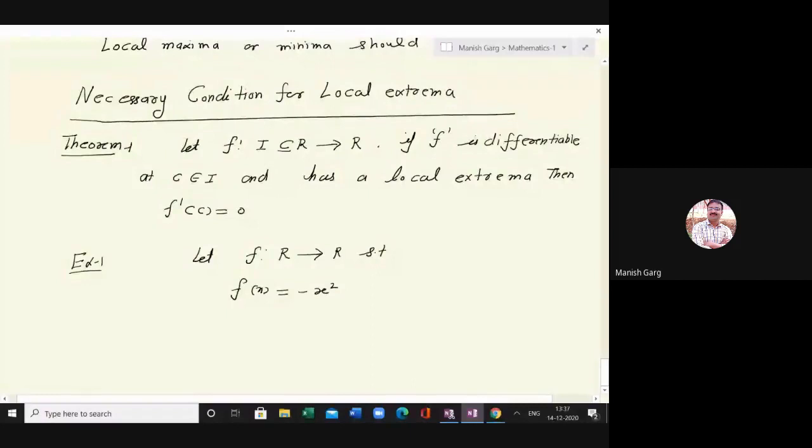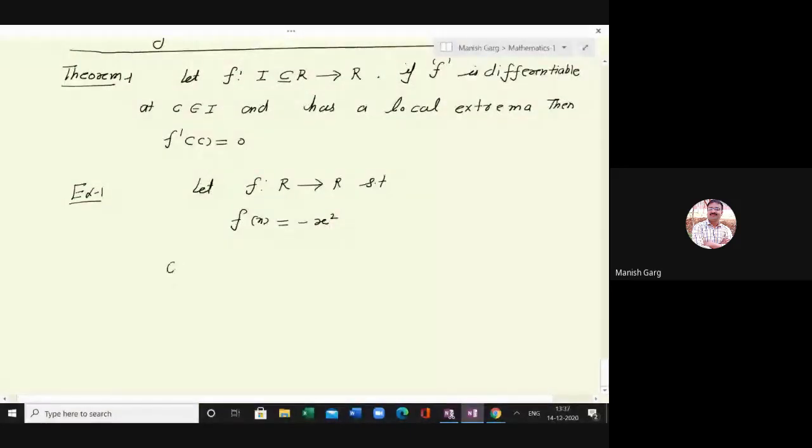This is a polynomial. Clearly, f is differentiable. You are checking at x is equal to 0.